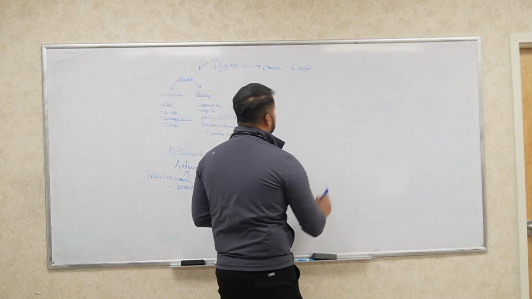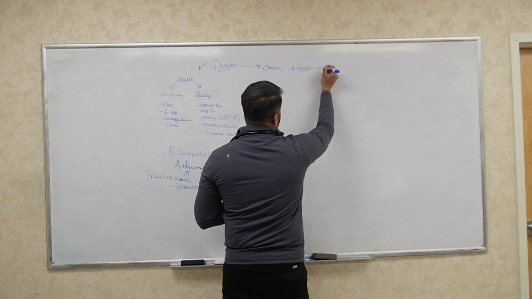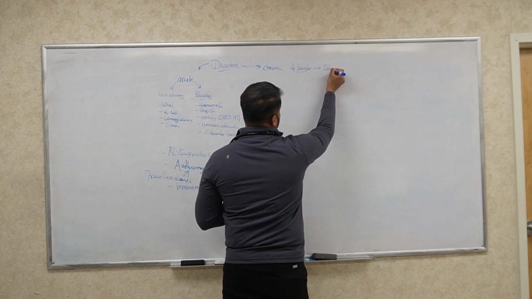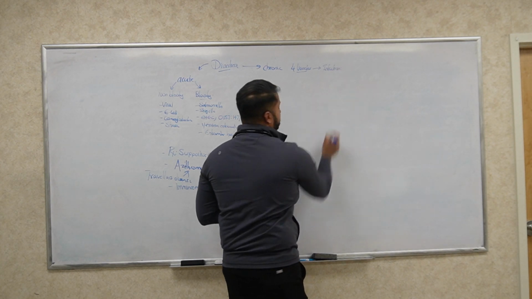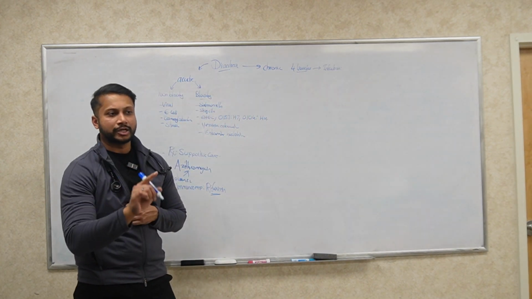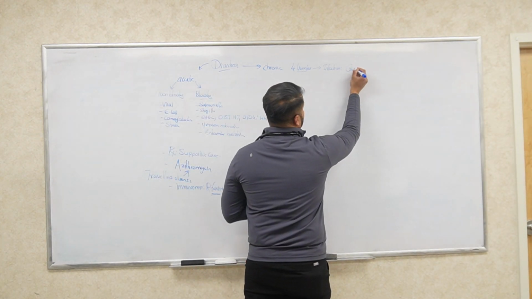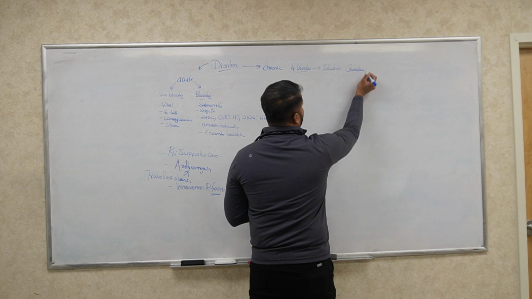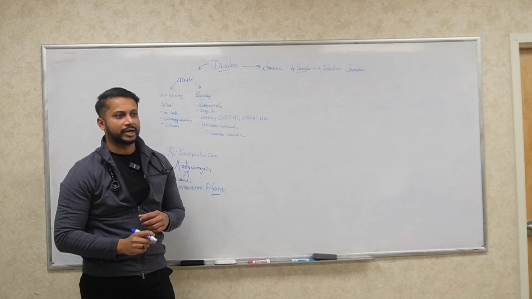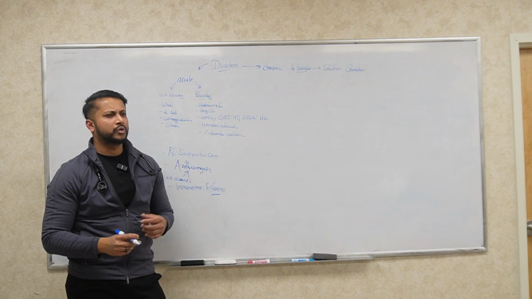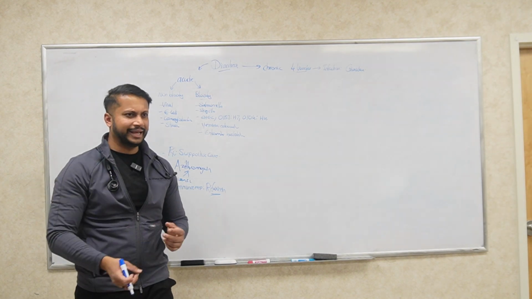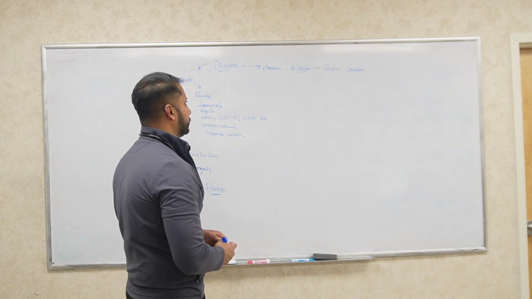Number one, could it be an infection? What infection? Giardia. Giardia is the only infection that can actually cause chronic diarrhea. Where do you get it from? If you go to water streams, lakes and such, that's where you get Giardia.